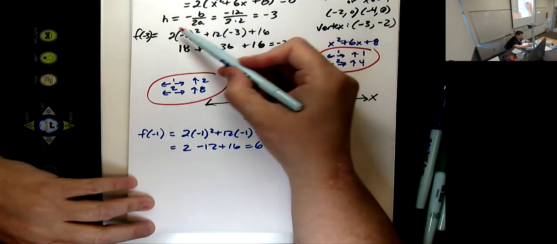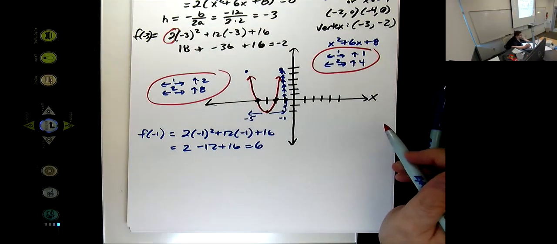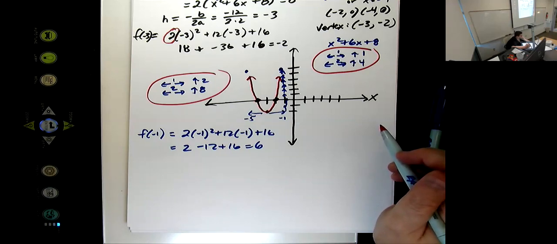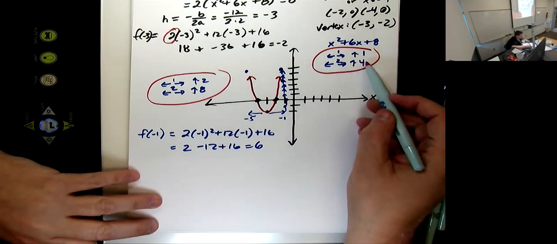And what's happened is there's a 2 in front of it. This 2 is changing how much the y value goes up and down.